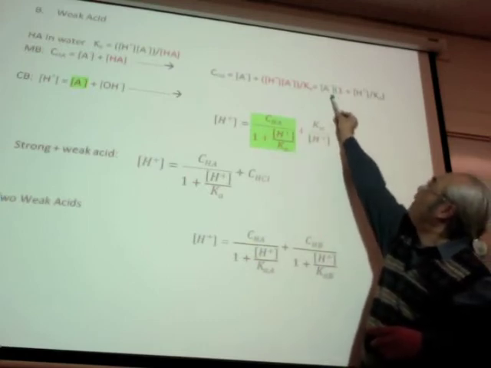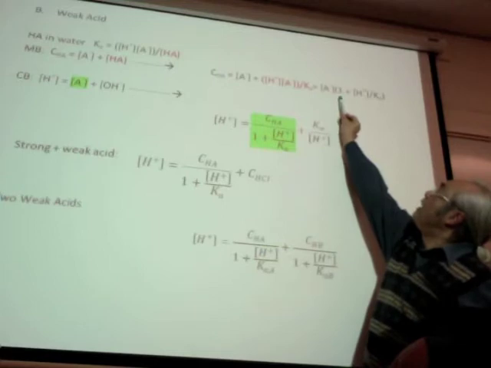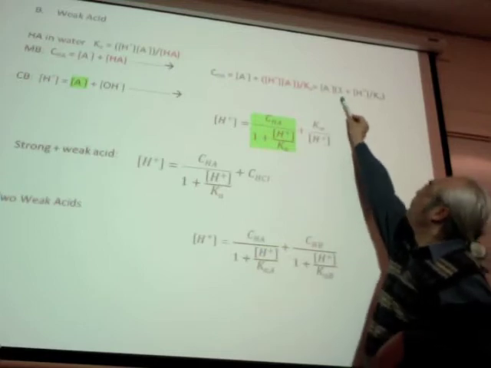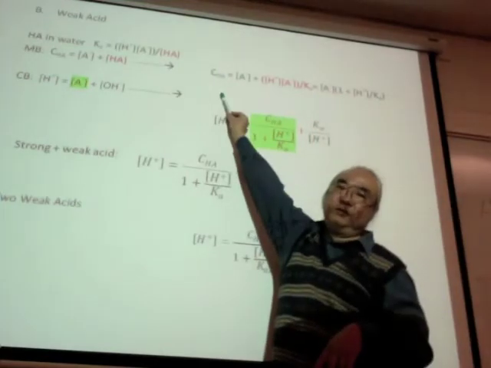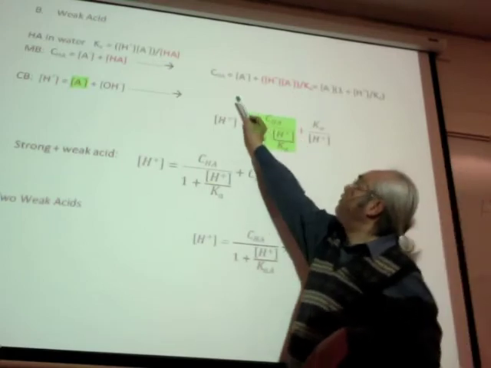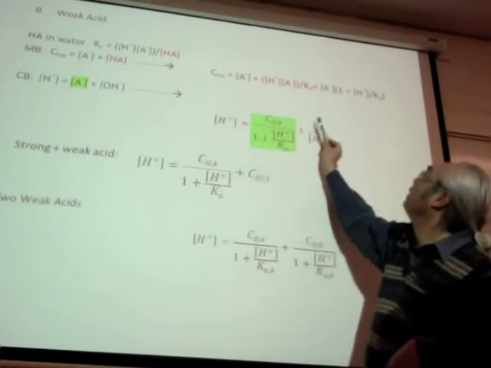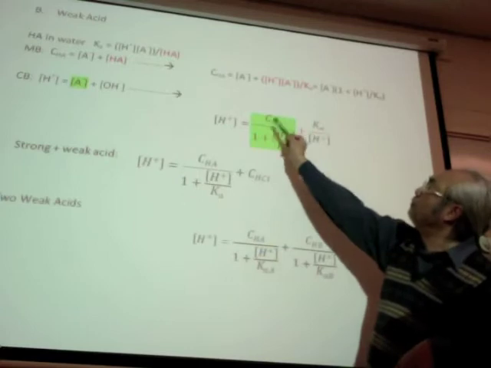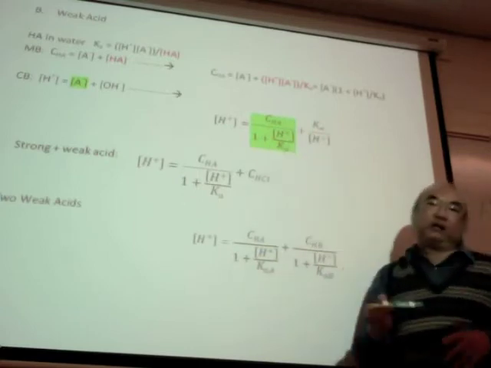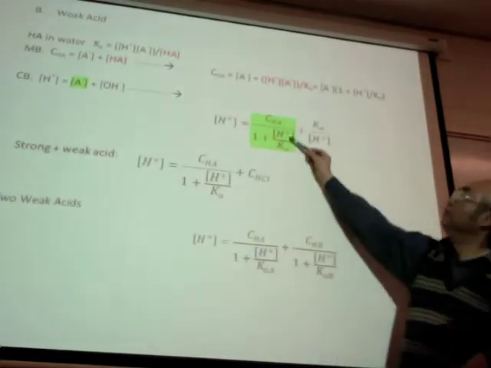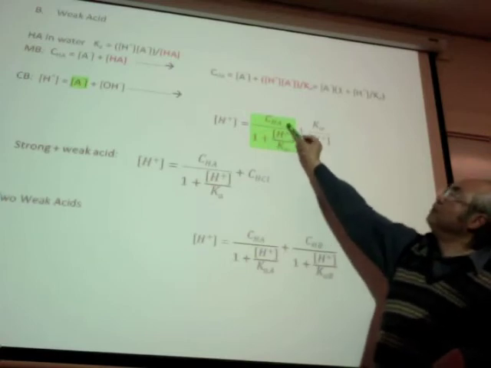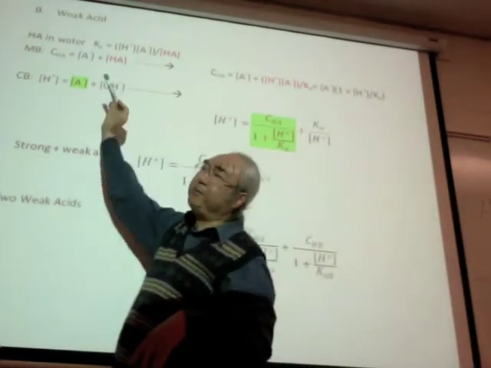So A minus will be equal to this, move to the left, right? So on the left, you have CHA. And then this thing moves below it, then that's what it is, right? So below it, then this is the A minus.